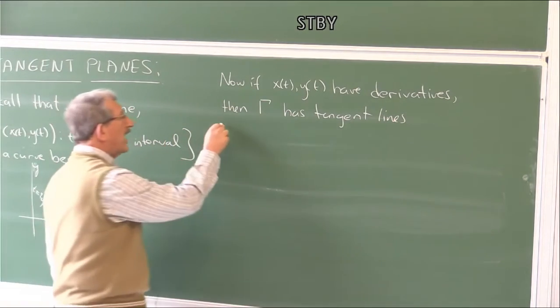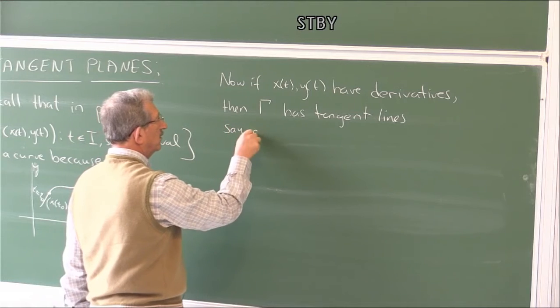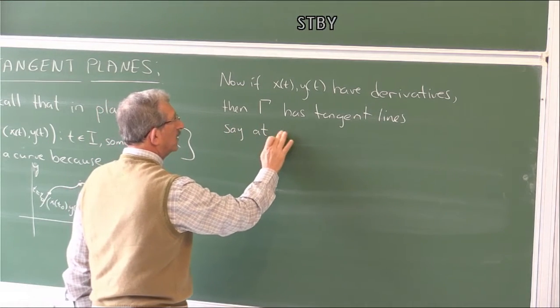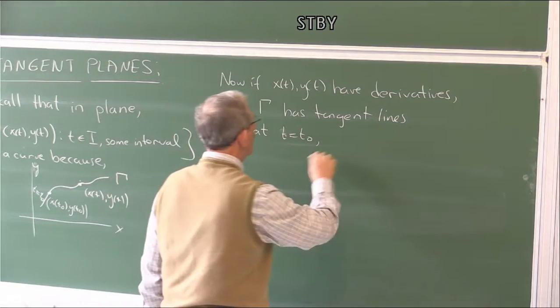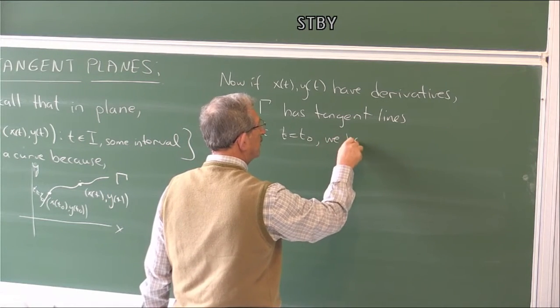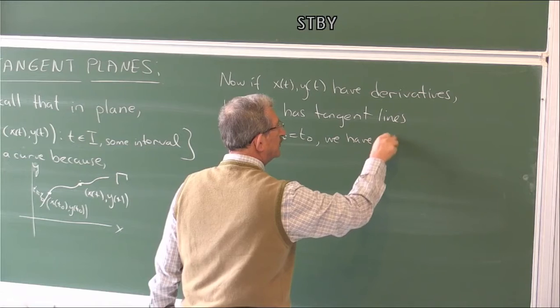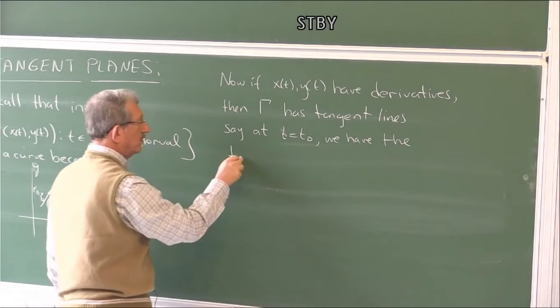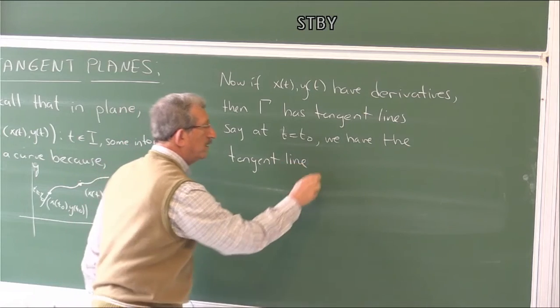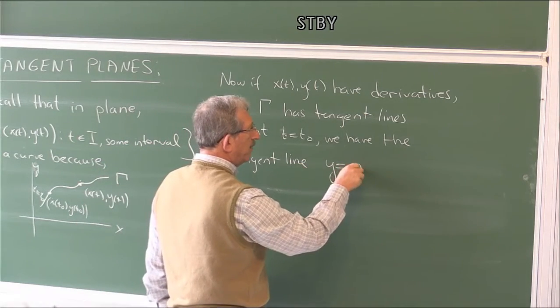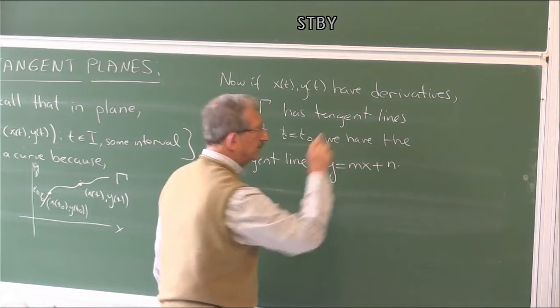Say at t is t0, we have the tangent line y is mx plus m.